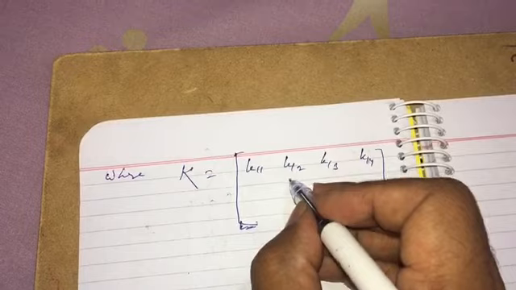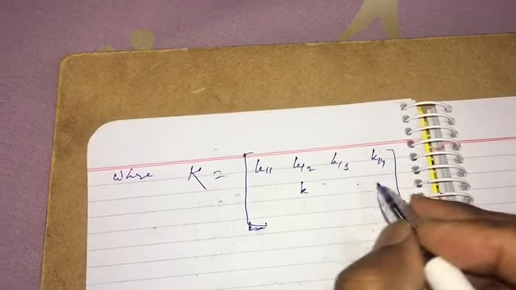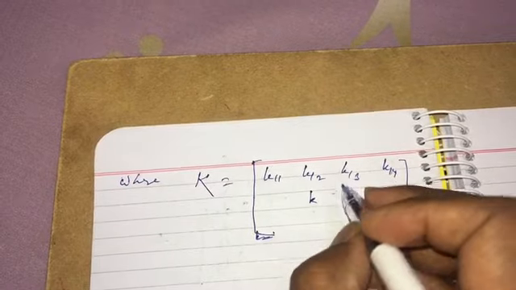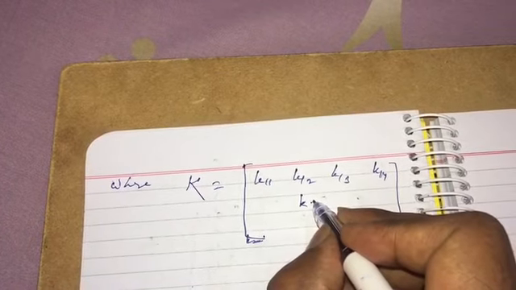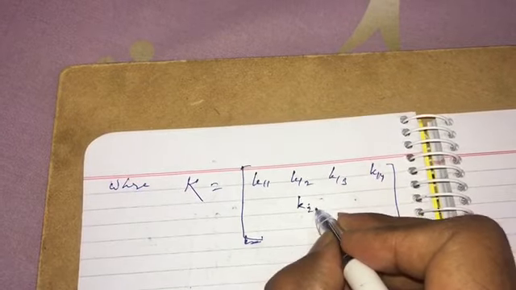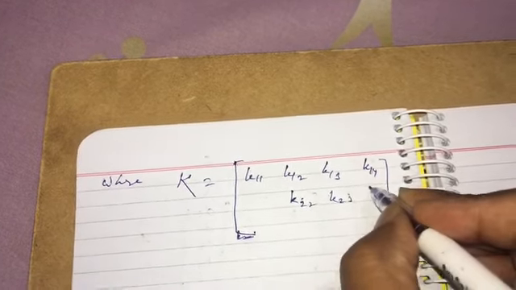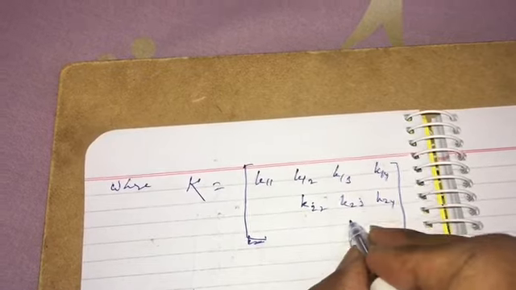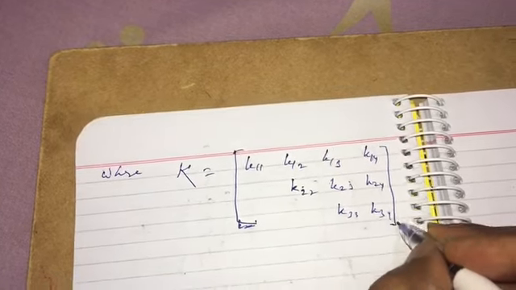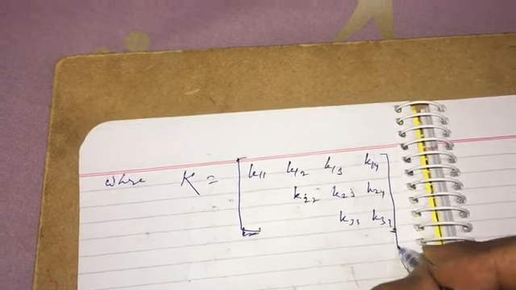Since this is symmetric, I am writing only the terms we need to calculate. So this becomes K22, K23, K24, K33, K34, and K44.